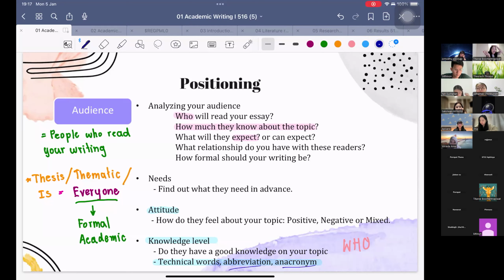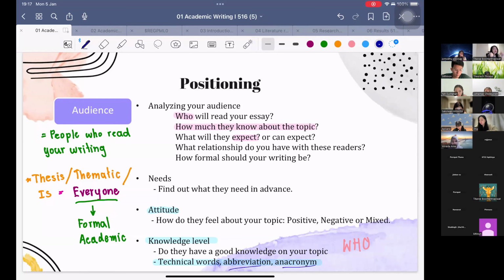Like if you use the abbreviation WHO, you need to provide the full name of WHO as well, because in your field, WHO might not refer to World Health Organization. So it would be best to provide the meaning of those abbreviations or acronyms.